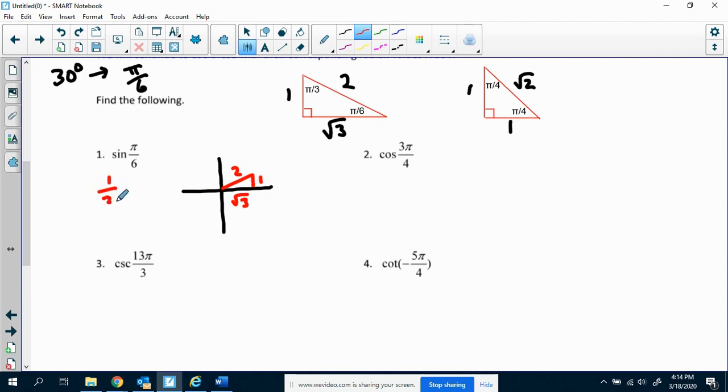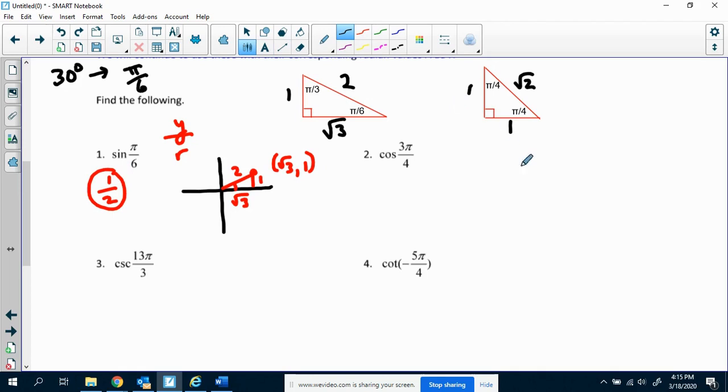Sine is 1/2 because this is my angle. Opposite over hypotenuse ends up being 1/2. Sine, remember, sine of an angle is also y over r. So if my y value is 1, the y coordinate of this point being 1, that would be root 3 comma 1, and that length would be 2 if I did the Pythagorean theorem using the distance formula. My y value is 1, and my radius is 2, so I get 1/2.